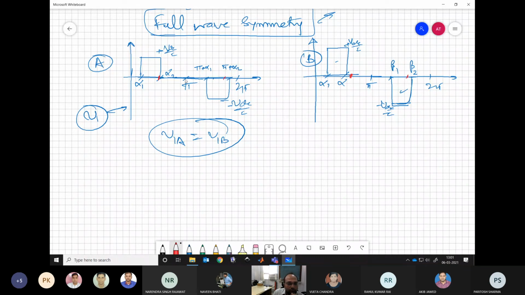Let us say our second harmonic or any even harmonic. The lowest one is the second. So what will happen? The waveform for the second harmonic will be something like this. And similarly for this also.